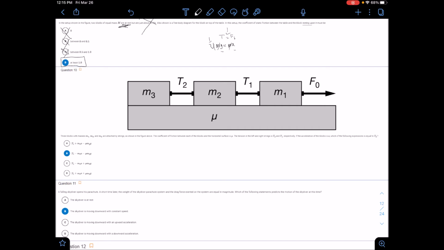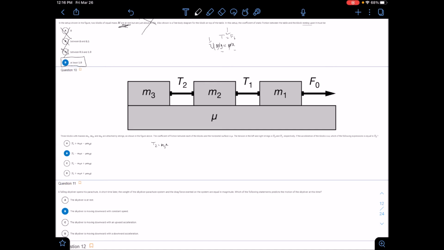So, for these kind of problems, it's kind of difficult to start without noting what you have. So we know that T2 will be equal to M3a, and since they all have the same amount of friction between them, a should be the same between them. It is safe to assume that they are the same.